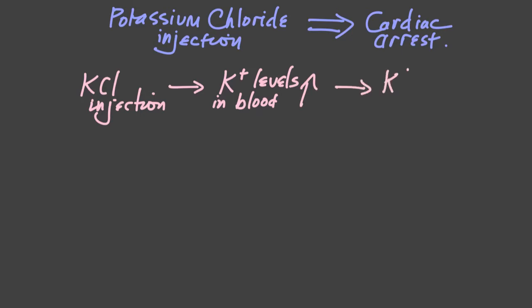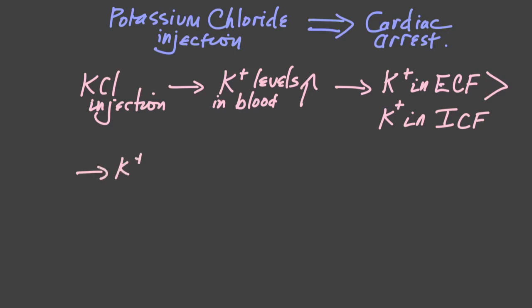So the potassium levels in the extracellular fluid, ECF, is greater than potassium in the intracellular fluid, or ICF. This is the opposite of what it is normally, because we all know that there is much more potassium inside the cells than outside.